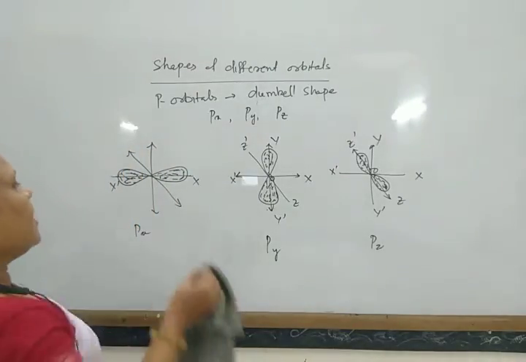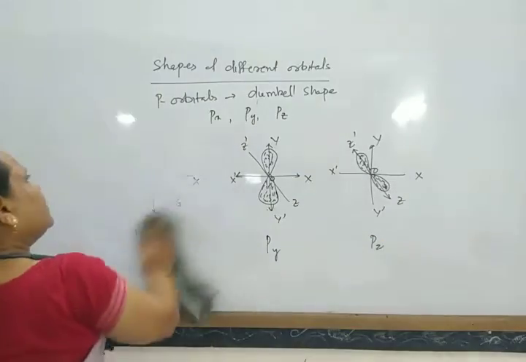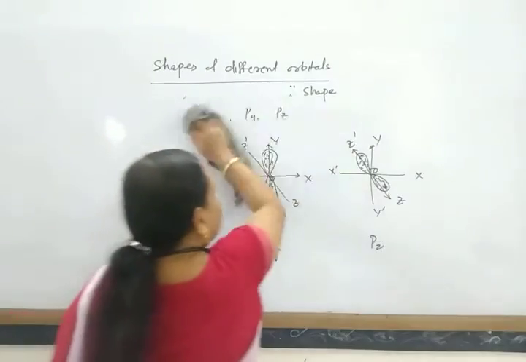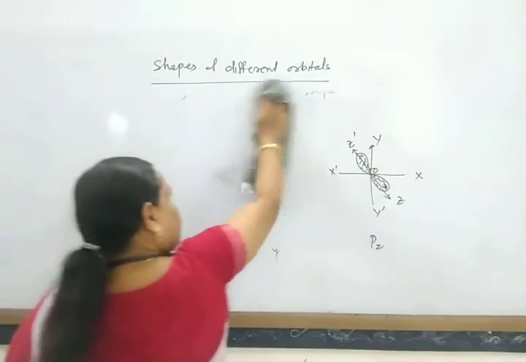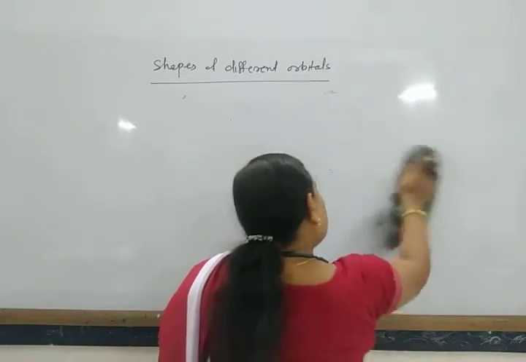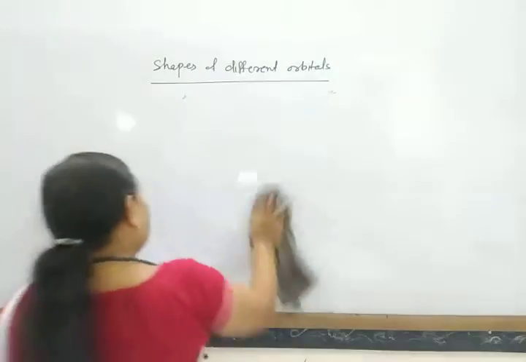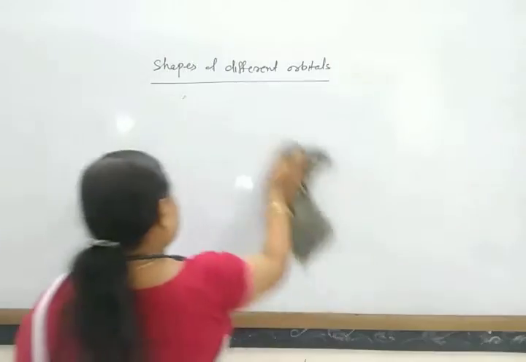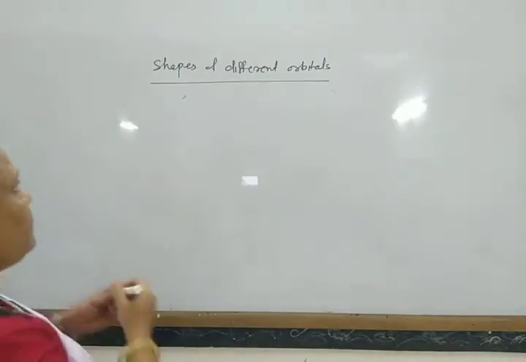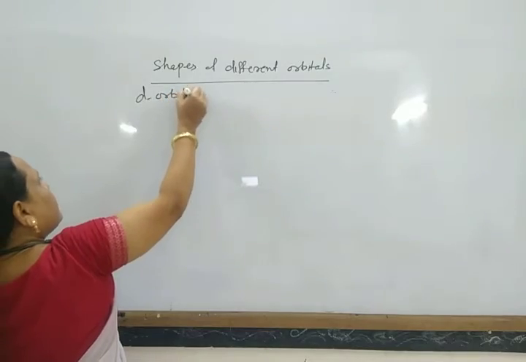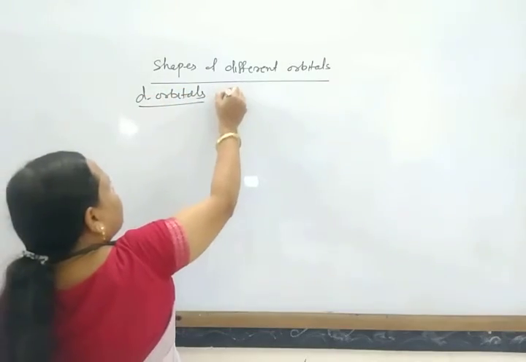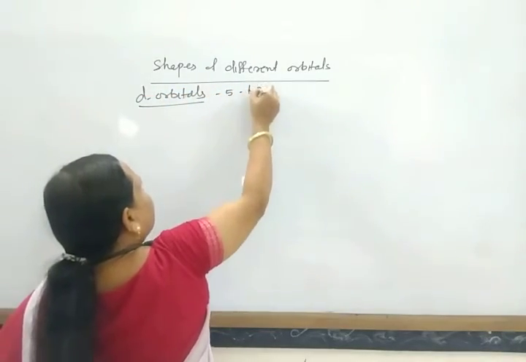Next, come to the d orbitals. D orbitals are of 5 types.